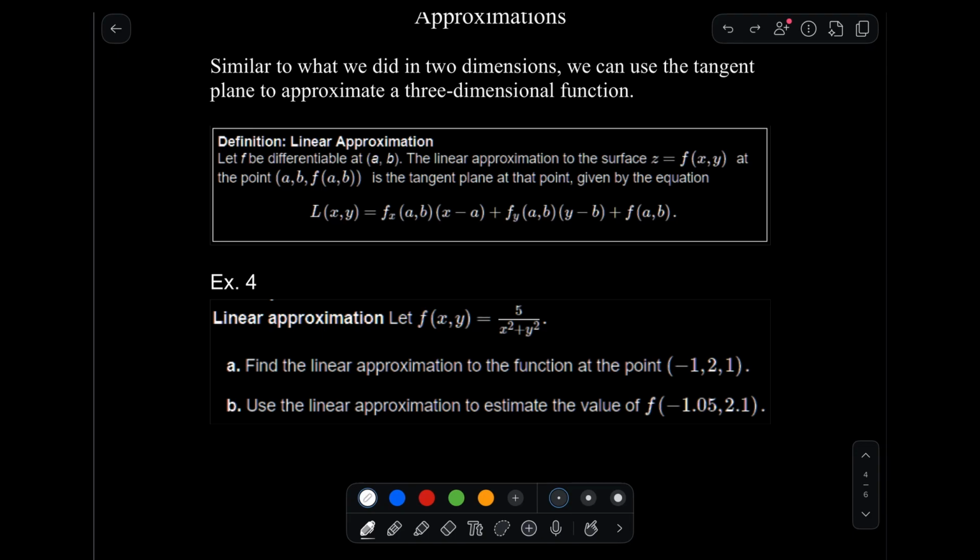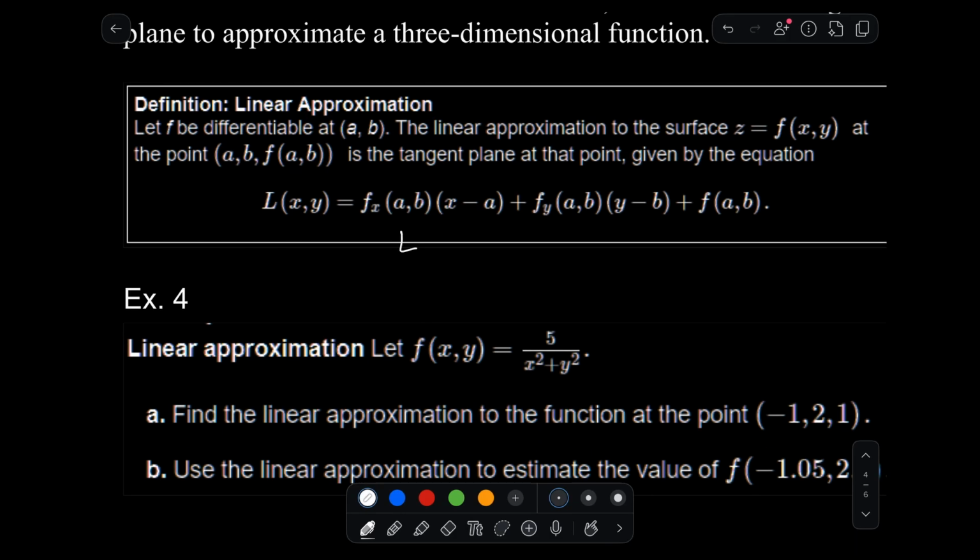But going back to example 4, we have to find the linear approximation of f of x, y at this point, -1, 2, 1. So first off, we're going to have to find the tangent plane that is associated with this curve, right? And we have it right here. This is our definition of the linear approximation. We know this from Calculus 1. All we have to do now is just go back to this.